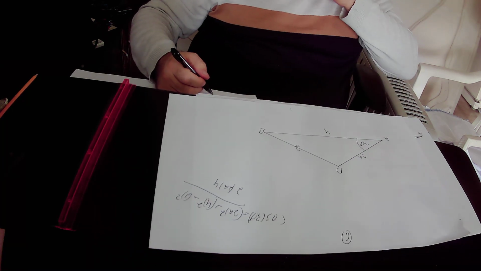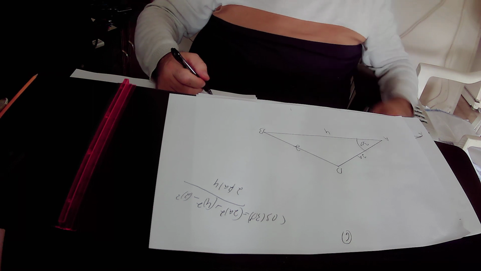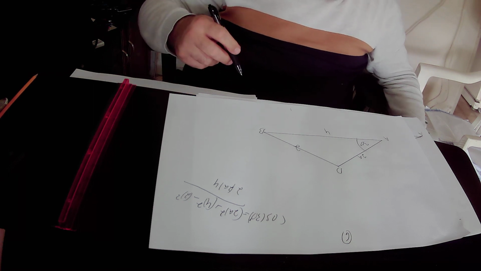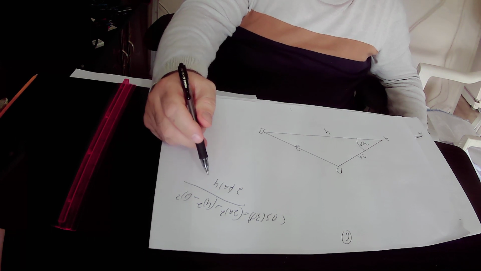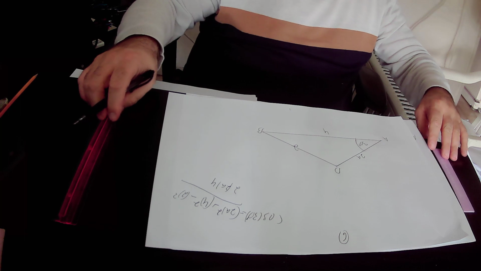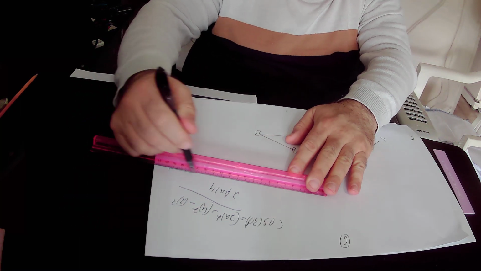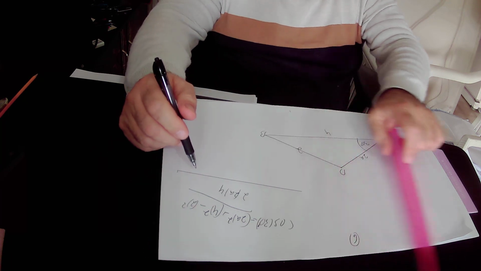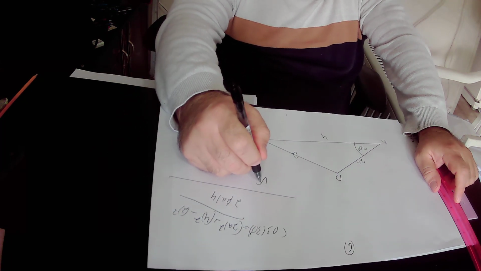Okay, so we found out that cosine 30 degrees in this triangle DAB equals to 2 times A squared plus 4 squared minus 2 squared over 2 times 2A times 4. We know that cosine 30 degrees is equal to square root of 3 over 2.